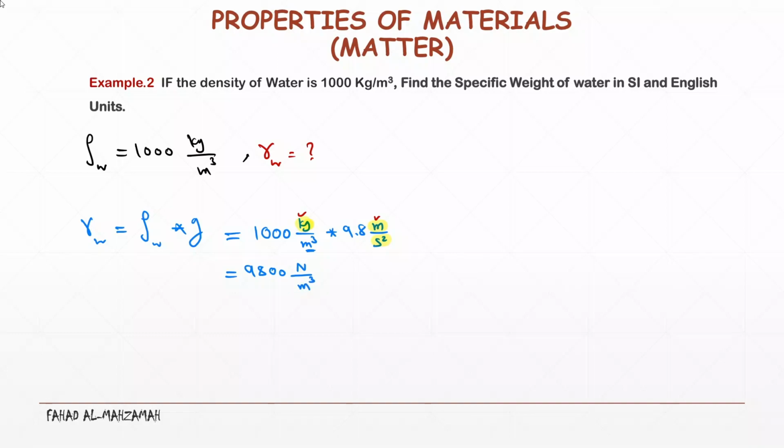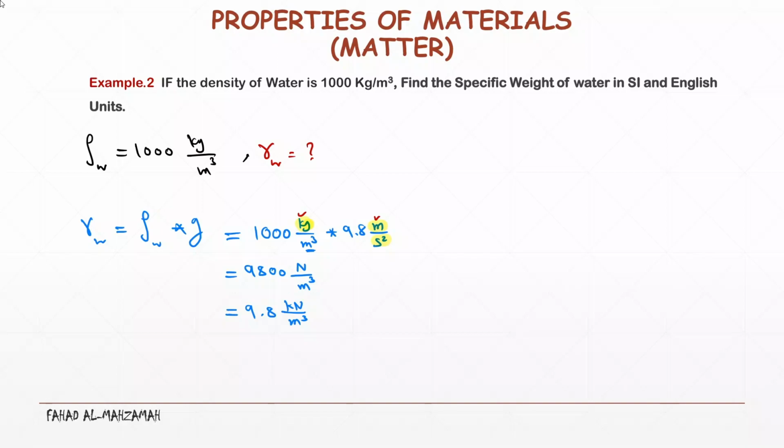The unit of specific weight is Newton per cubic meter, and we can say 9.8 kilonewton per cubic meter. It is the same answer, just divided by 1000 to convert it to kilonewton.